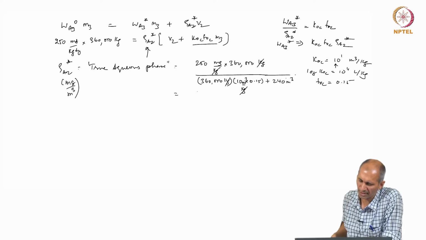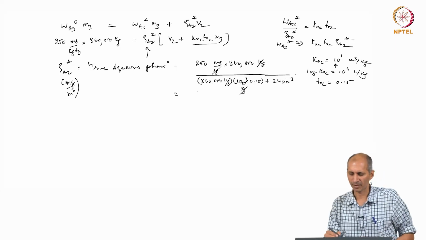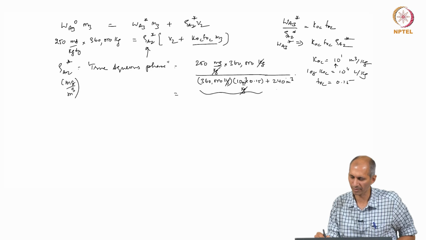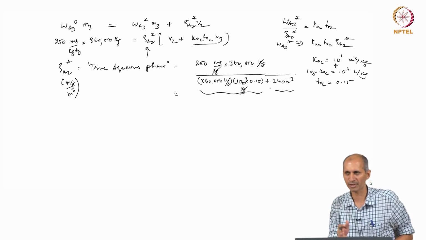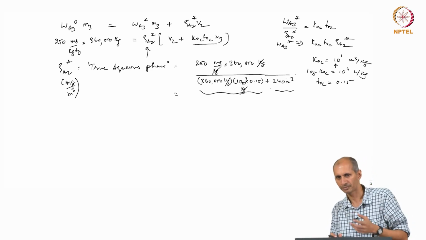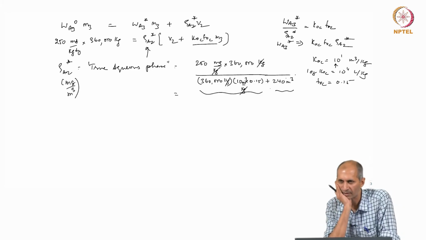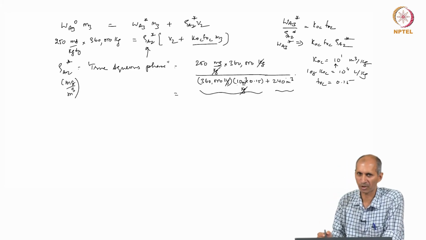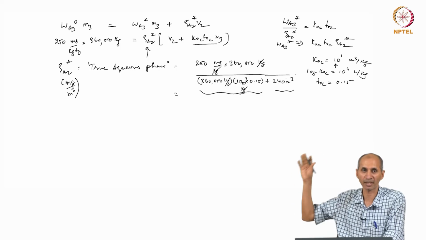So, you can see that if you look at the magnitudes of this number versus this number, a lot of it is still in the solids. It will shift towards the water if the water volume becomes very large.